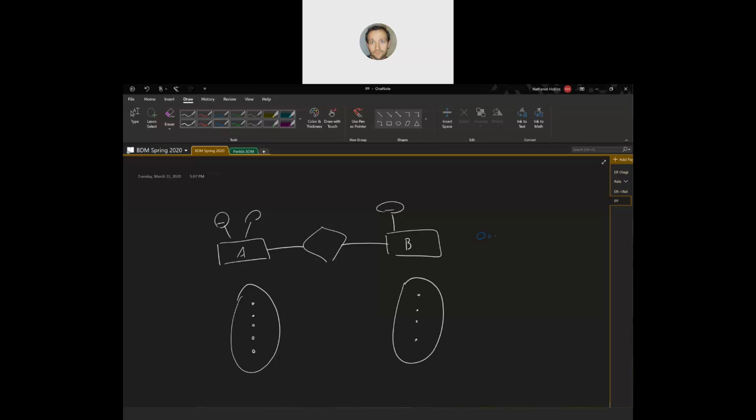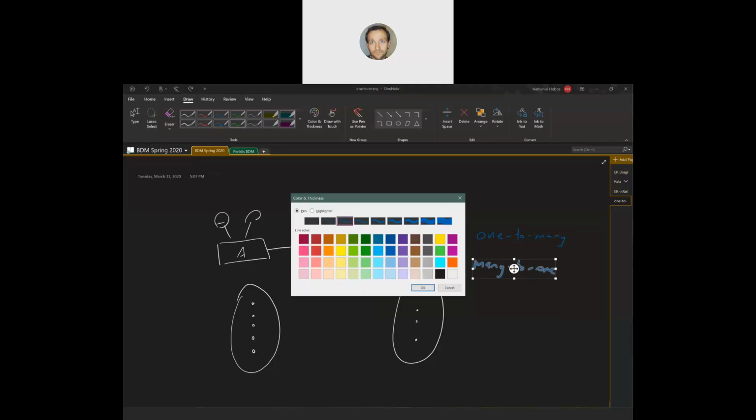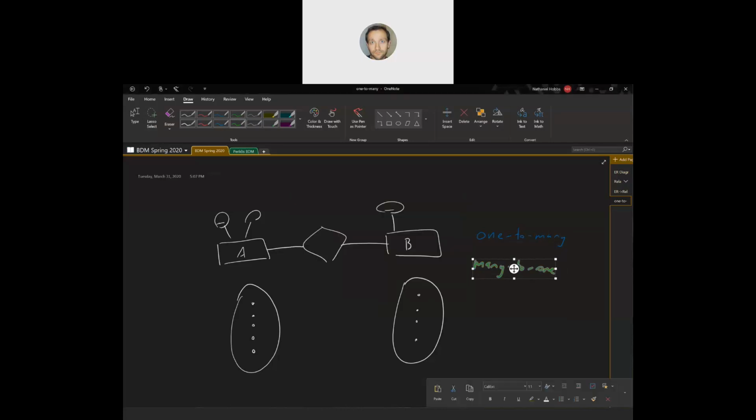You can specify, for example, a one-to-many relationship or a many-to-one relationship. Let me change colors on this, actually.